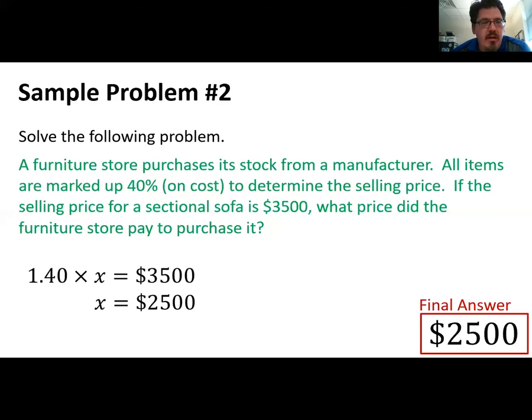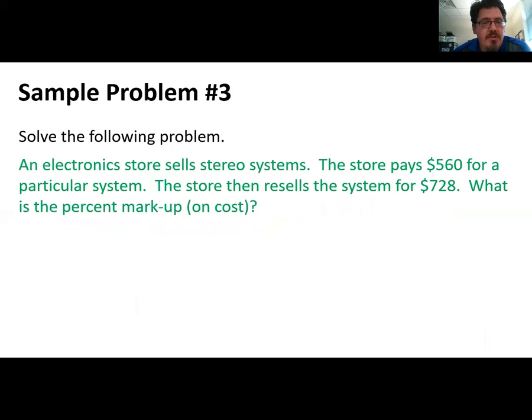All right, let's take a look at one more problem in this video. So this time, again, we're still dealing with markups. It says an electronics store sells stereo systems. The store pays $560 for a particular system, but then resells them for $728. So they mark up the price from $560 to $728.